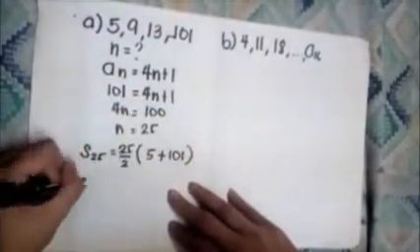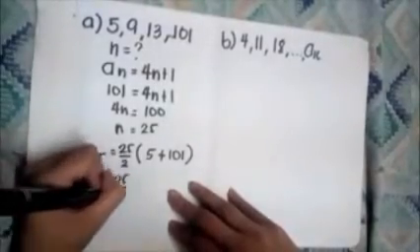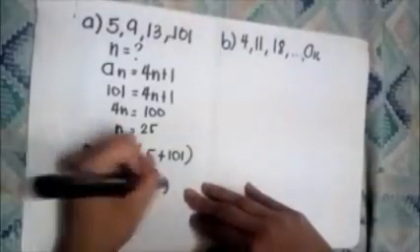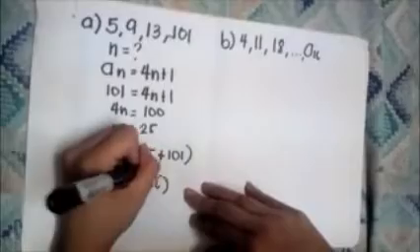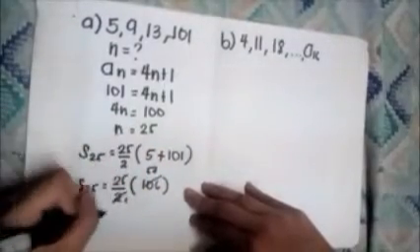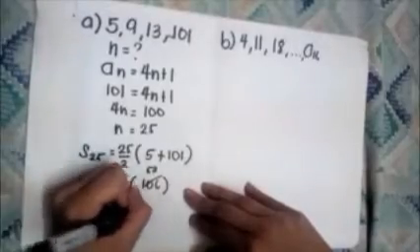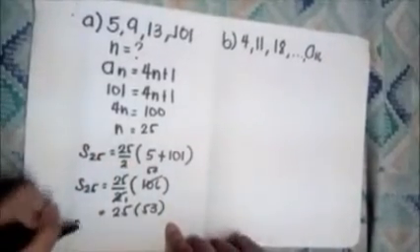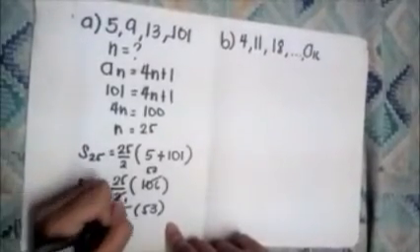So we have S sub 25 is equal to 25 over 2 times 106. We need to cancel this out. We have 53 and 1. So we have 25 times 53. So S sub 25 is equal to 1325.